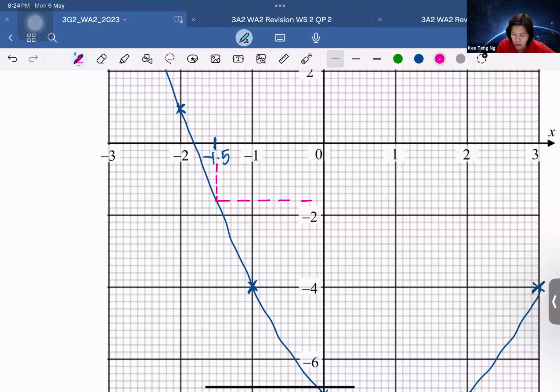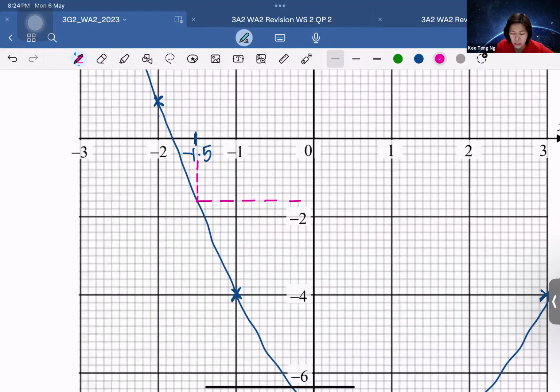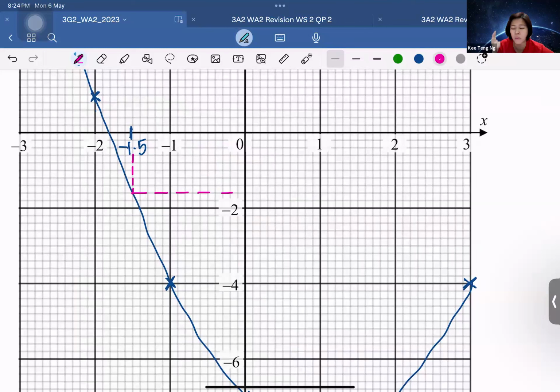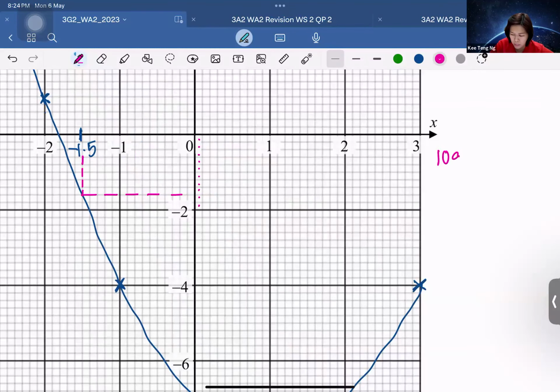Okay, then I read this number. How to read this number and how to read the scale must be alert. 1, 2, 3, 4, 5, 6, 7, 8, 9, 10. There are 10 squares. 10 squares equal from 0 to negative 2, which is 2 units.